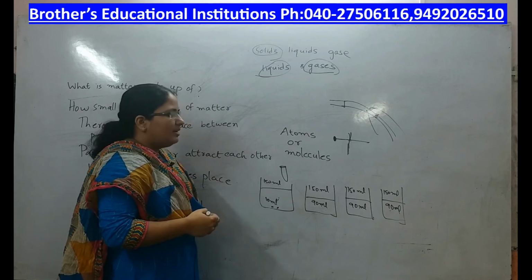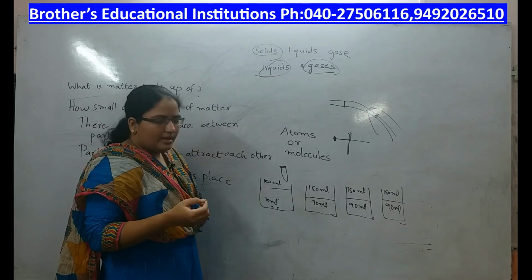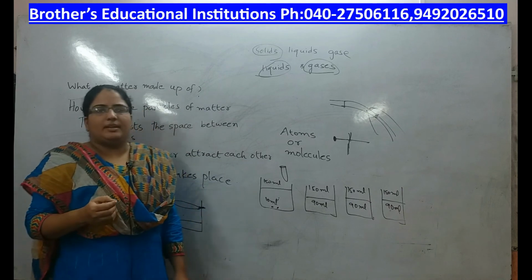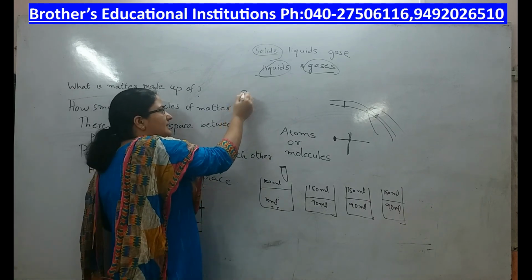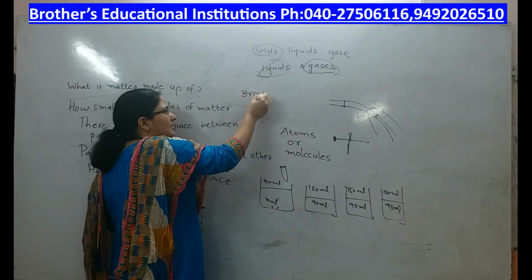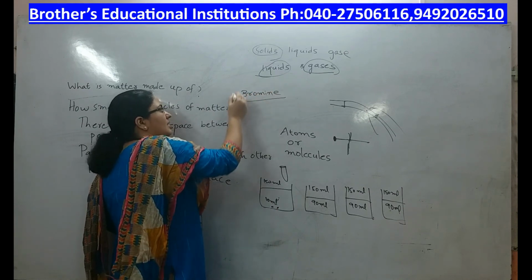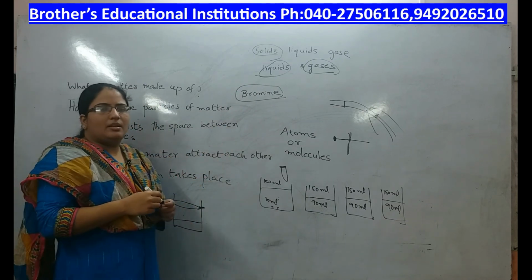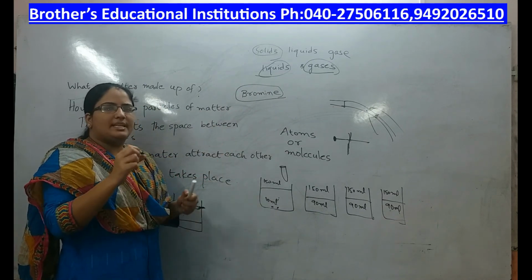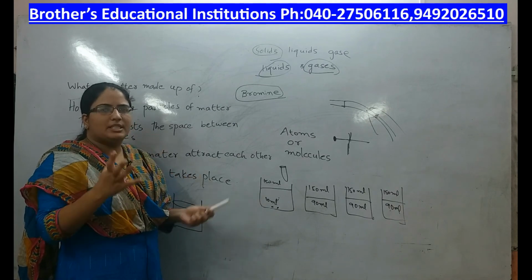Now, we will discuss a small experiment or activity. Let us take bromine gas. Bromine gas is a brown colored gas. We are trying to diffuse it in the air. Take the bromine gas and release it in the air, and you can see the brown color gas spreading.